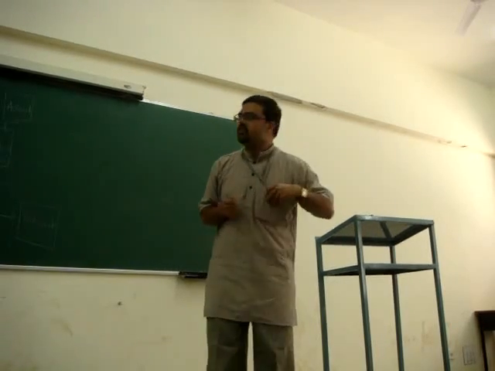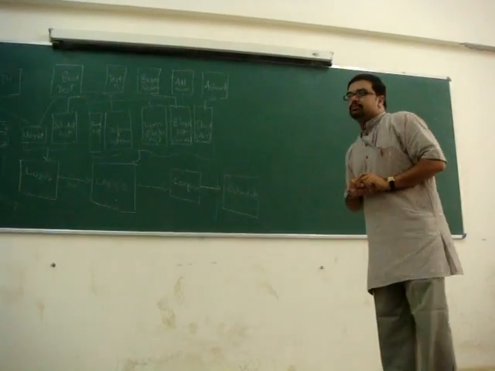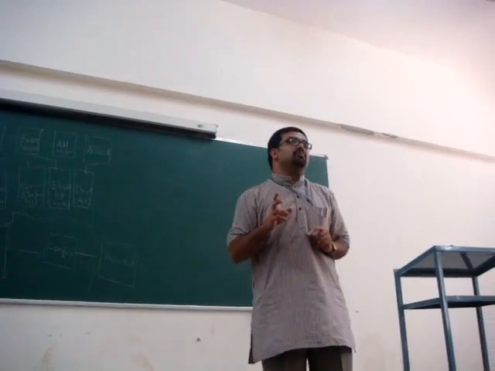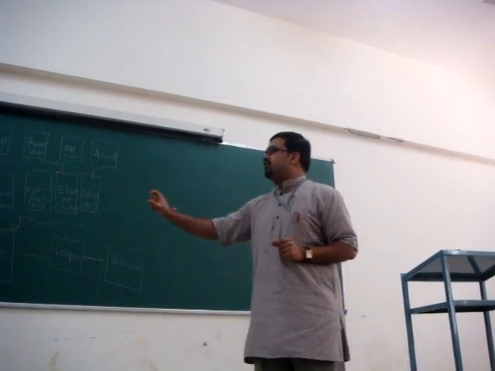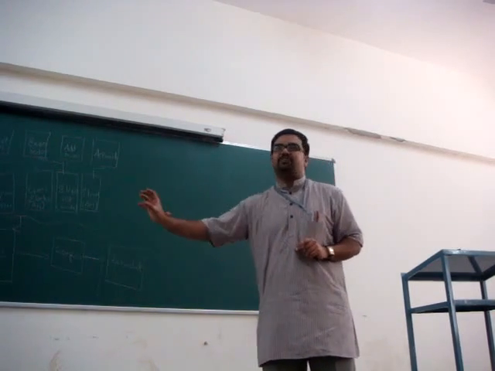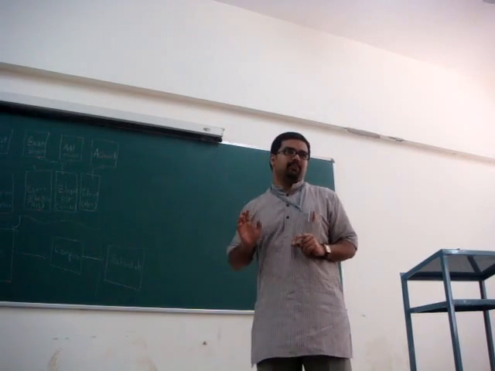Fine. So what have we done till now? Let me summarize. We thought that to build an information system, the right way to start is to identify the transaction processing system. So we identified the transaction processing system model.